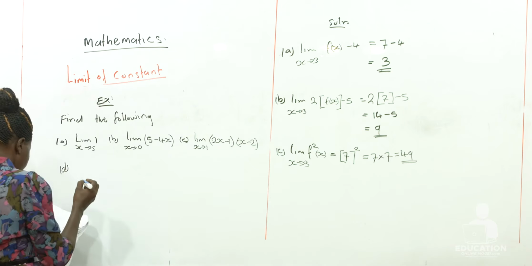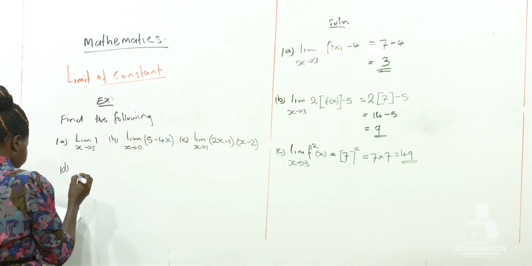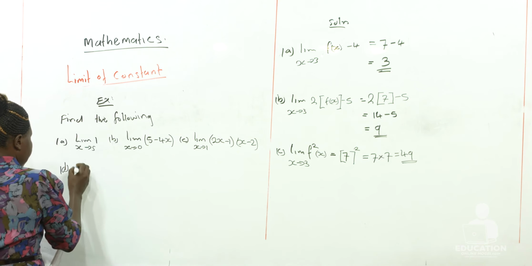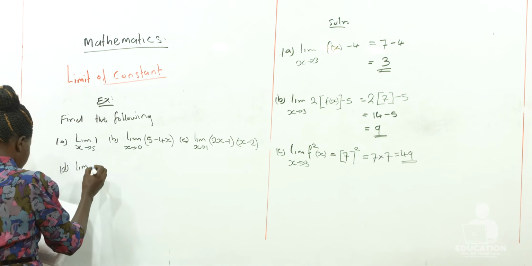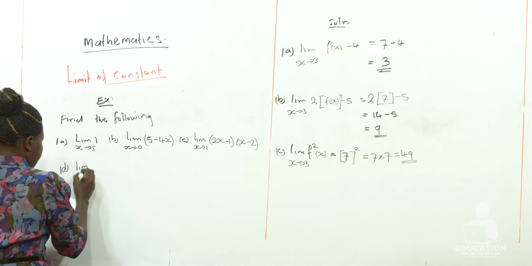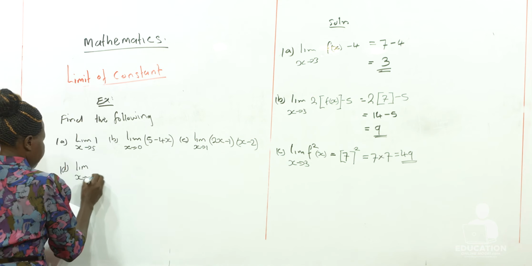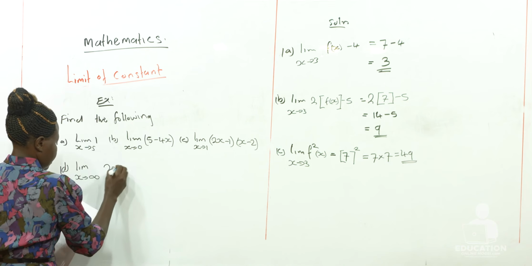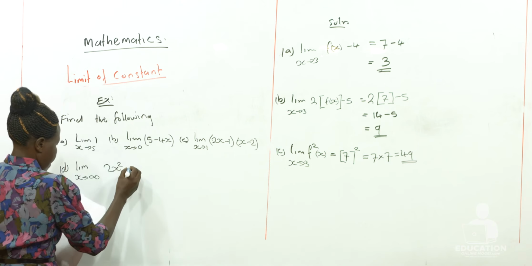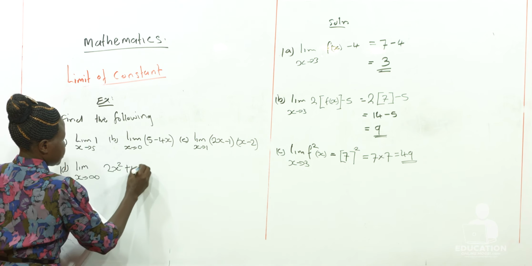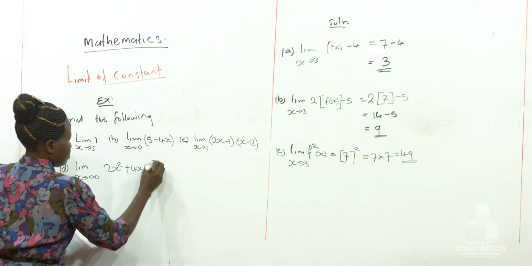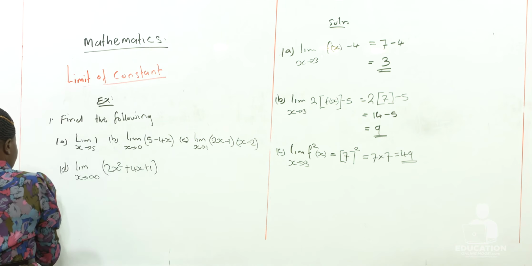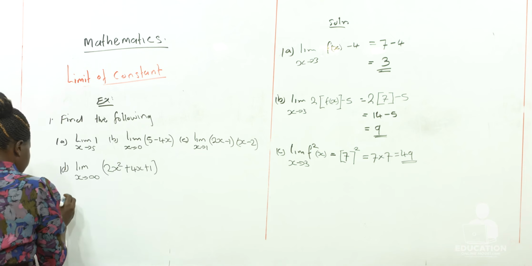D, we have the limit when x is approaching infinity of 2x squared plus 4x plus 1.